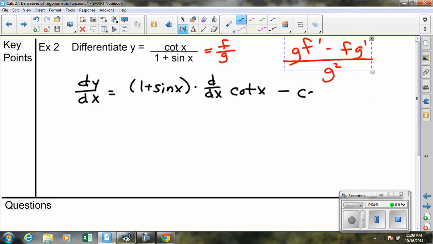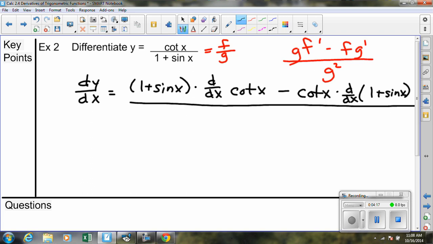Subtract the numerator, multiplied by the derivative of the denominator. And that will be all over the denominator squared.